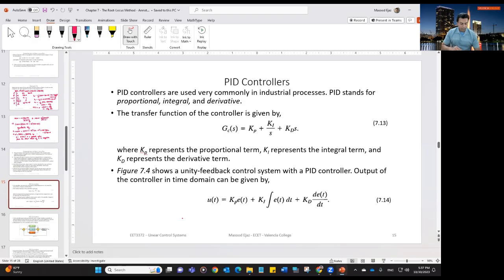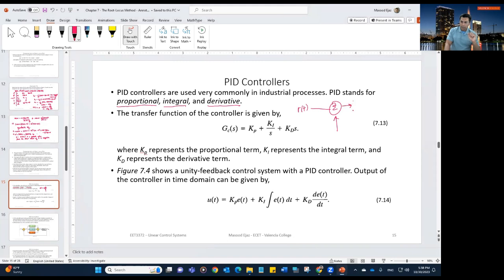So what does PID mean? It means that these controllers are proportional to the input, integral of the input, and derivative of the input. Remember, you have the input coming in, what we usually call R(t), and then you have the sum.